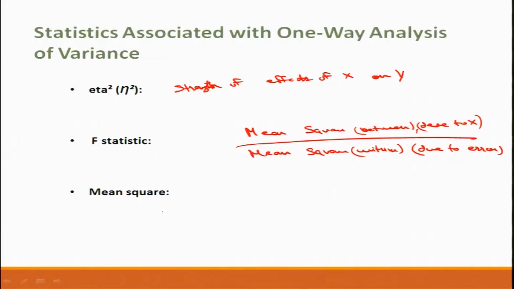So, what is mean square? It is the sum of squares that we did in the regression, divided by their corresponding degrees of freedom.